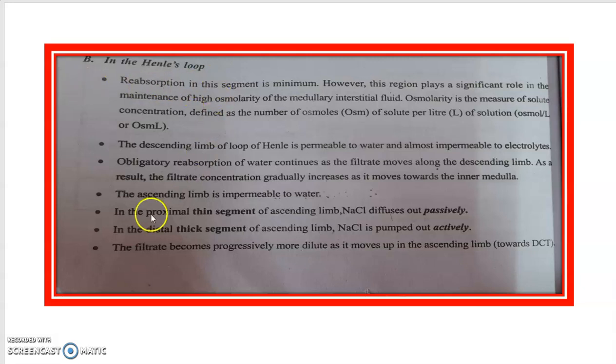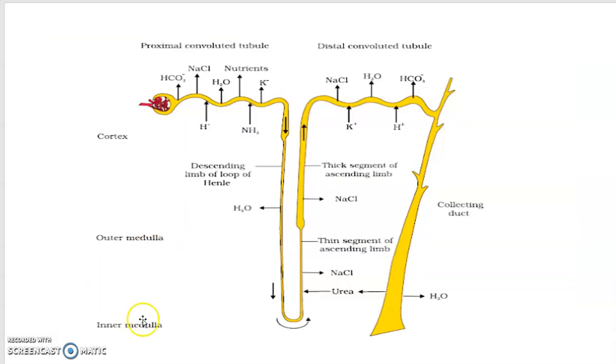Okay, reabsorption in the loop of Henle is very minimum. However, this region plays an important role in the maintenance of high osmolarity of the medullary interstitial fluid. What is meant by medulla? This part is called medulla. This is the inner part of the kidney. This is the outer part of the medulla, and these all parts are present in the cortex of the kidney.